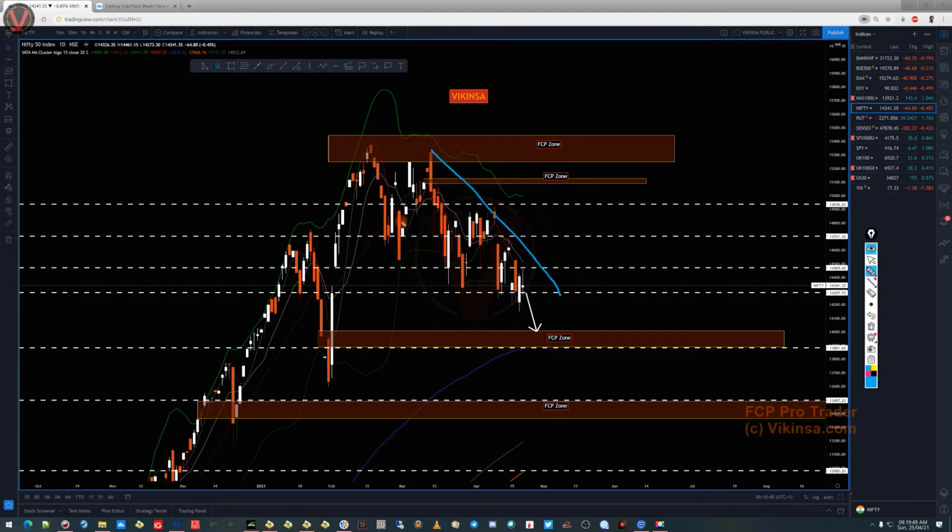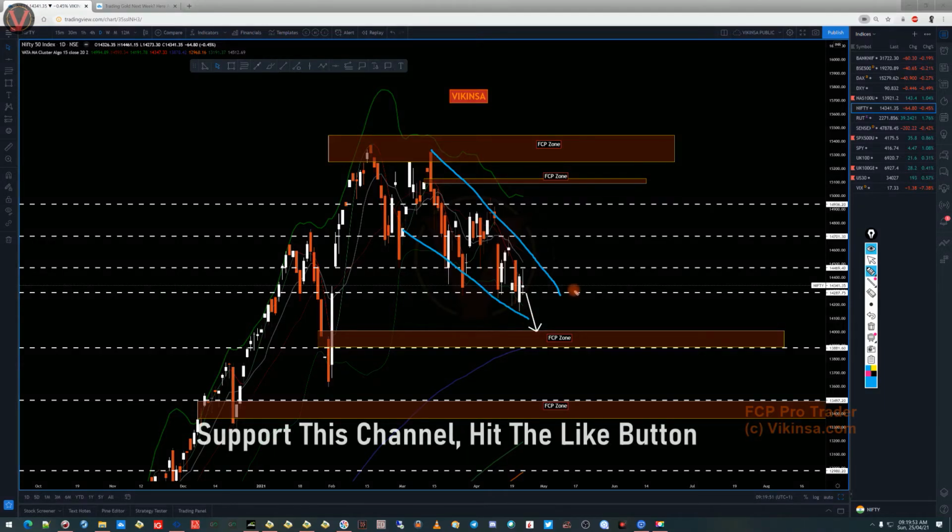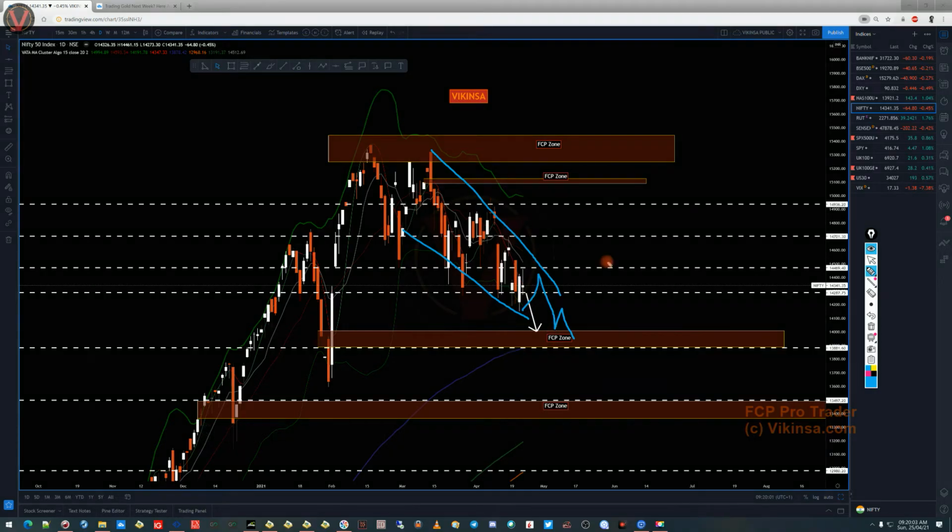So this is looking like a good downward movement like this, and it can lead into up and down into this FCP zone. Once it has reached there, we have this moving average as well, so that means the market can push back higher. And if it starts to go down deeper, again we can look for a long position from that level. So this is what we have on Nifty.